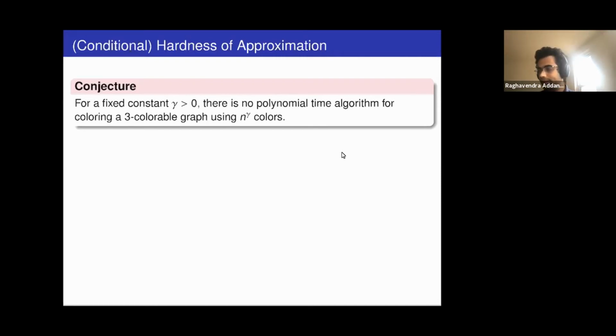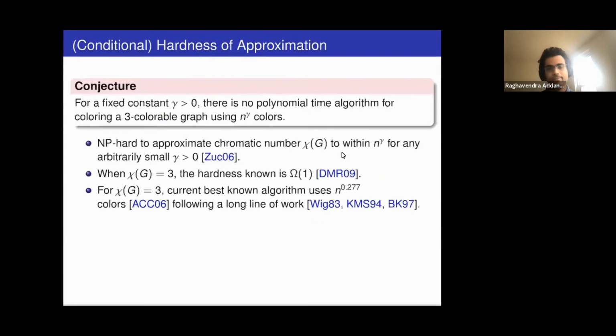The reason for this conjecture is we know that it's NP-hard to approximate chromatic number to within any polynomial factor for small gamma. Even when the graph is known to be 3-colorable, even when chi of G is 3, the hardness known is still constant. You cannot color it in polynomial time using constantly many colors.